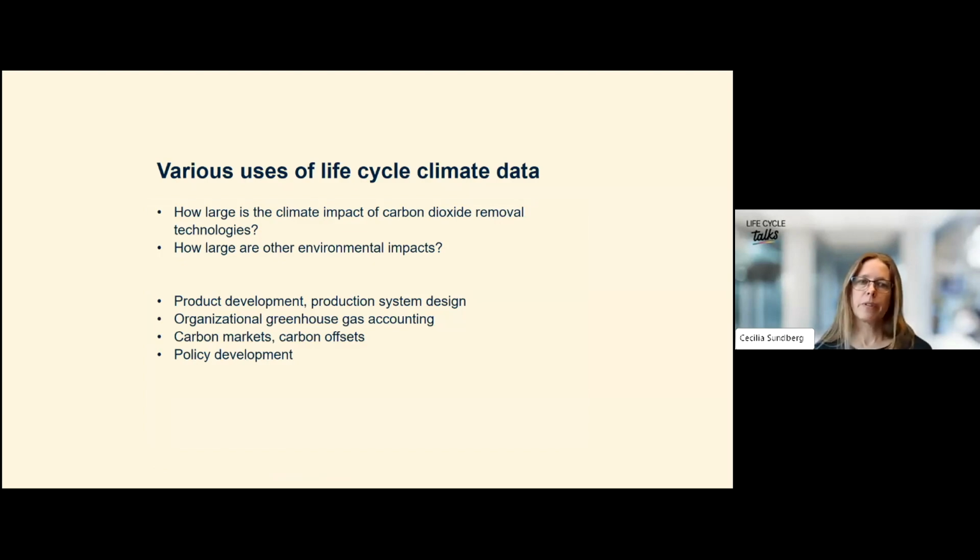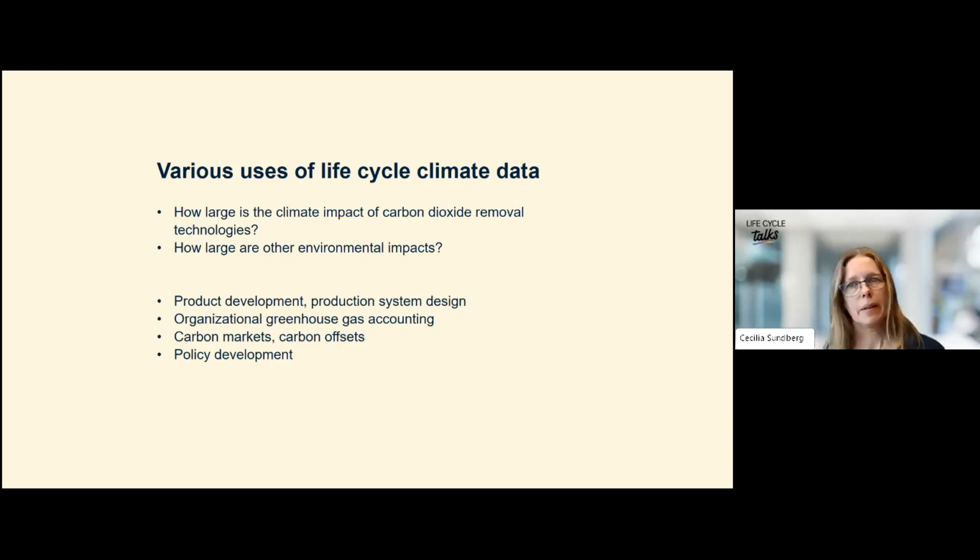It's also of interest for organizations who want to reach their net zero targets, to include negative emission methods in their greenhouse gas accounting. This is of interest for carbon markets, especially the voluntary carbon market, which seems to be an important venue for investments in negative emissions.